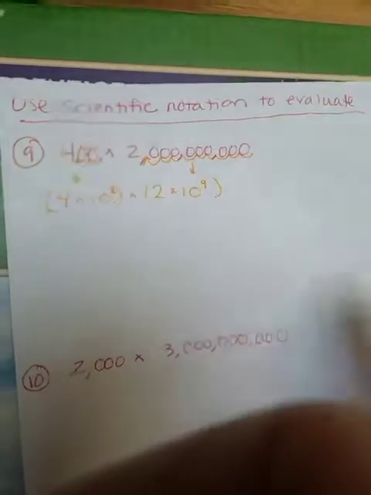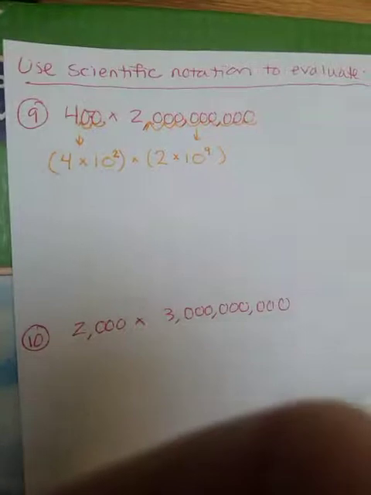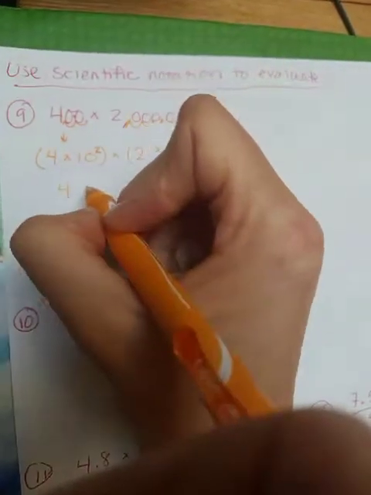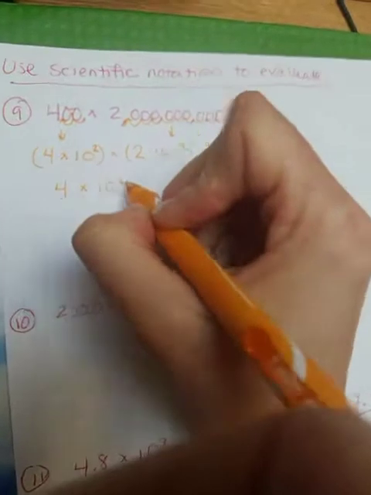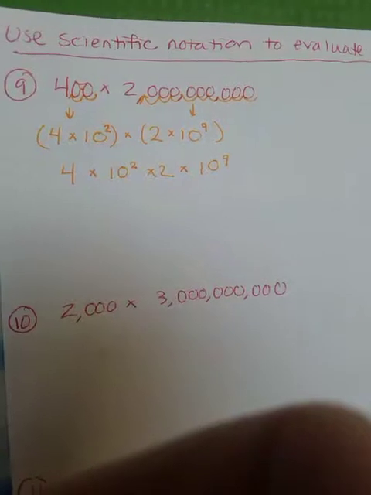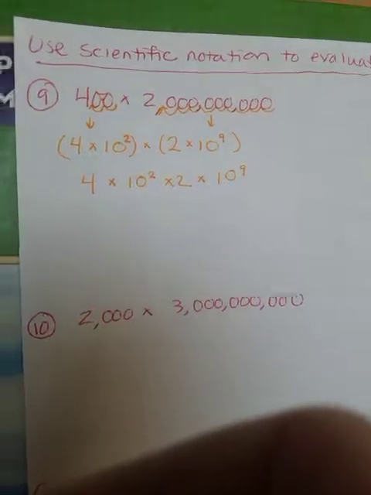Again, we want you to get credit for these problems. You have to show your properties of exponents. So really what's going on here is you just have 4 times 10 squared times 2 times 10 to the 9th. I just took the parentheses away. And now, using your commutative properties of multiplication, we just multiply the numbers that we can.